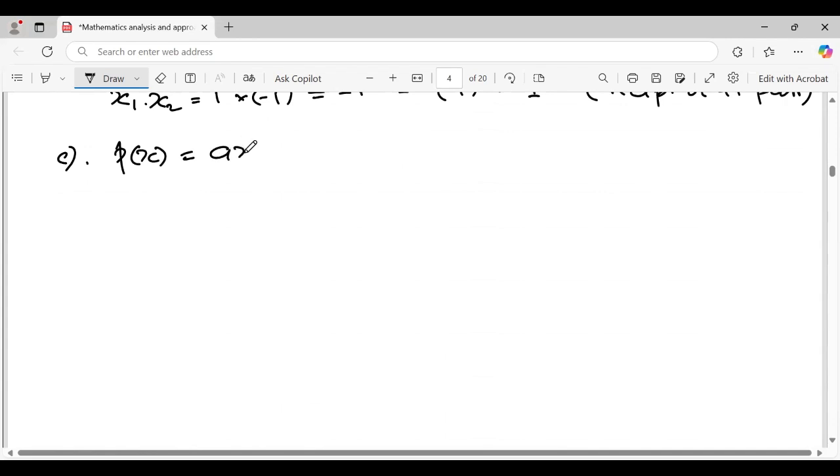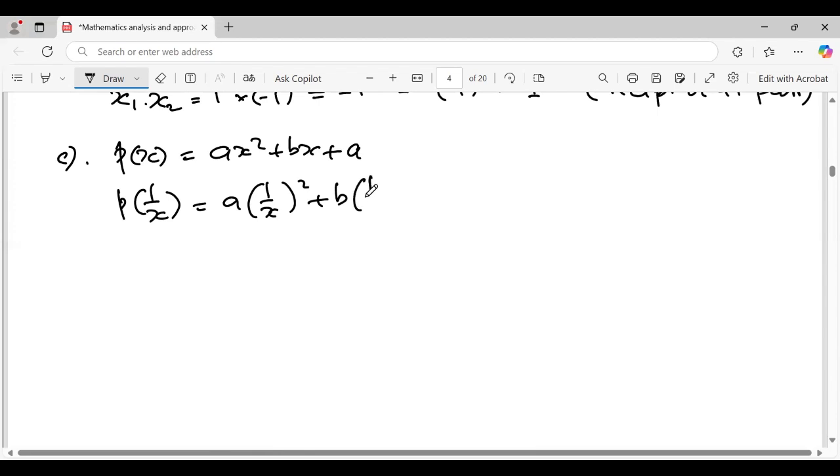P(x) equals ax squared plus bx plus a. So P of 1 over x equals a times 1 over x squared, plus b times 1 over x, plus a.